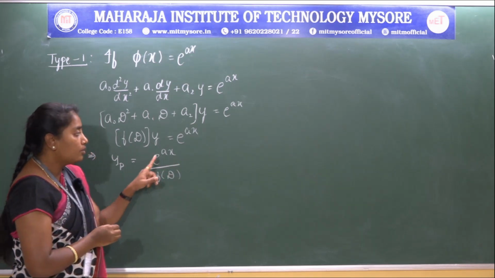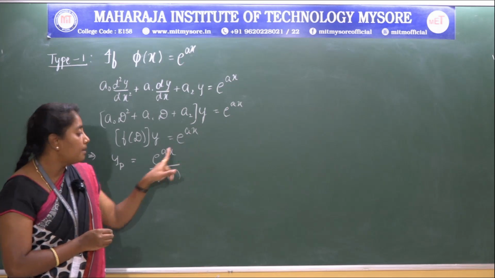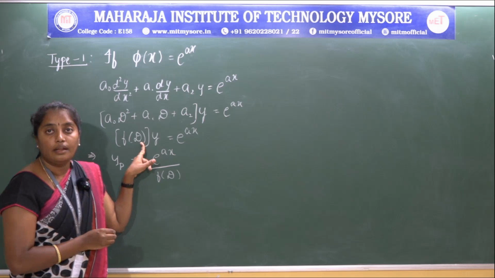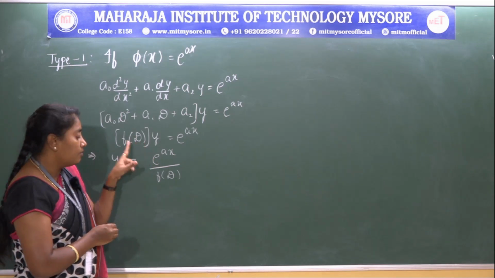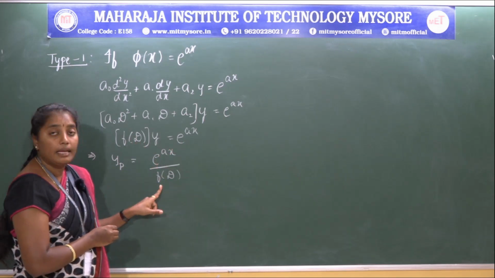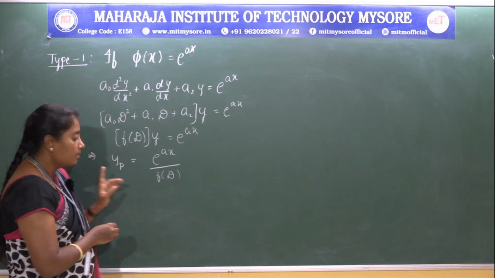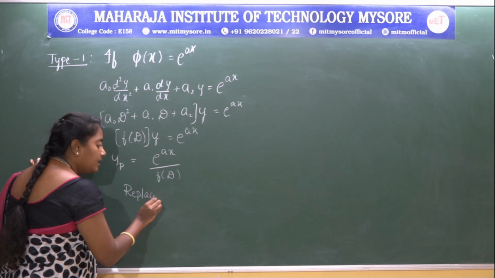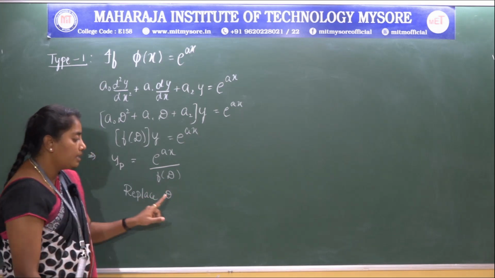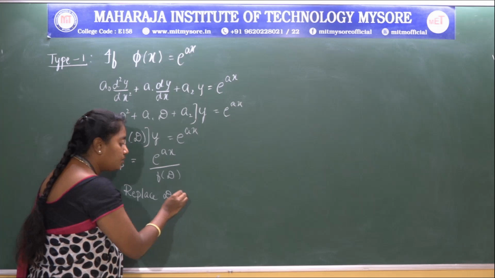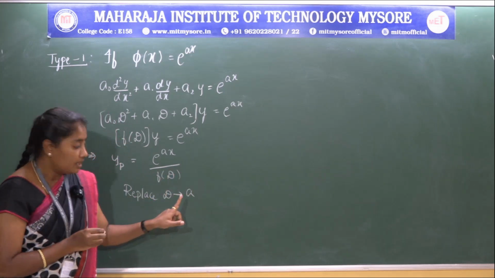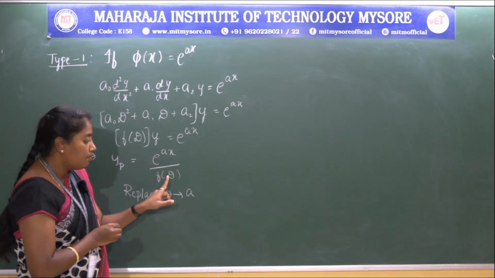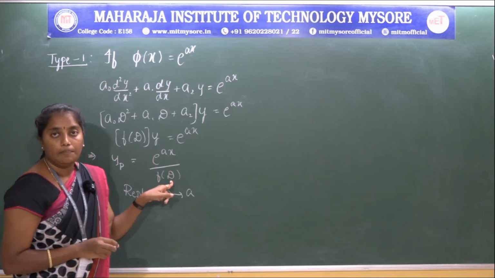That is, we have to divide the given function e power ax by the function of the differential operator f of d. After that we have to replace the differential operator d by a, where a represents the power of the exponential term.